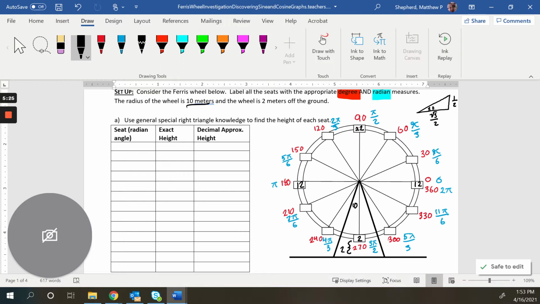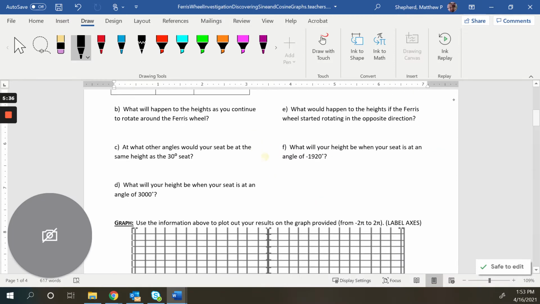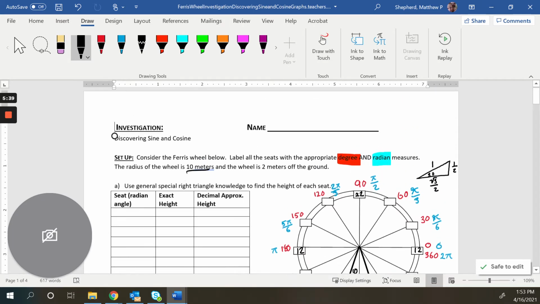Now the unit circle has a radius of 1. So what do I need to do? To make it match this and for us to figure out how much height it has, I just need to go from a radius of 1 to a radius of 10. In other words, make everything 10 times bigger.